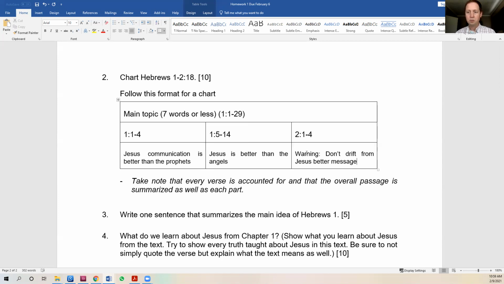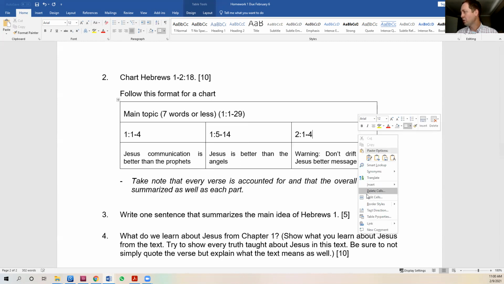His message was better than the message given by the angels. And if God judged them for drifting from the message the angels gave, the Old Testament law, then wouldn't God judge us for drifting from the better message? That is the argument he's making. So we don't want to do that.